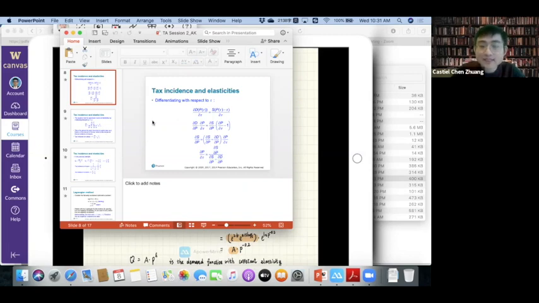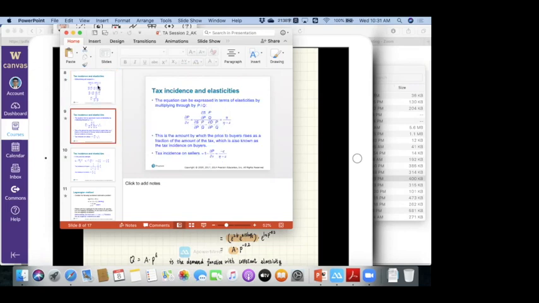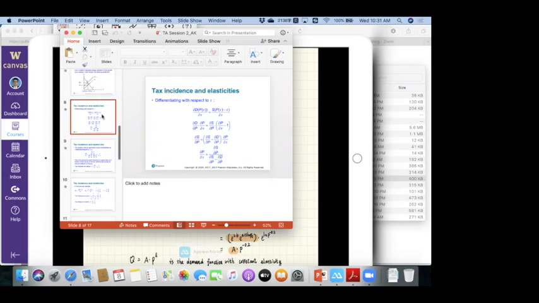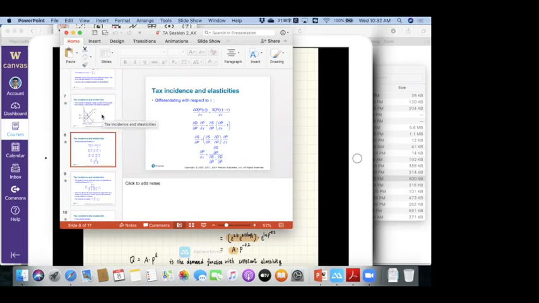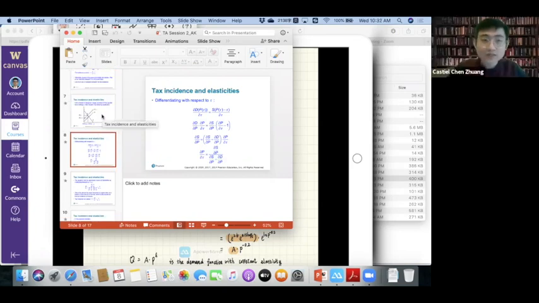So this is like our derivation. So we want to get dp over d tau, and that would be the tax incidence on consumers. You mean how to get this? I'm sorry, what's the question again? Which part? I think you went over it a little quick. Okay, yeah, I can do it slower.